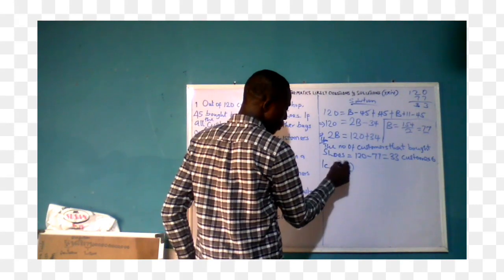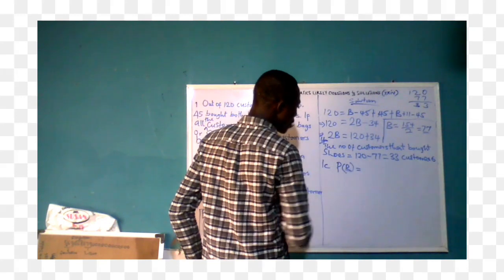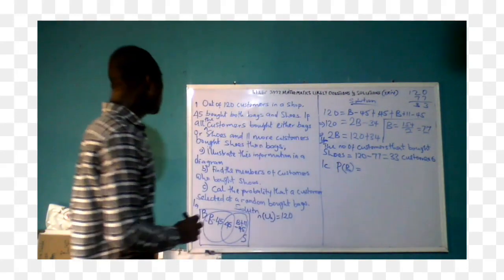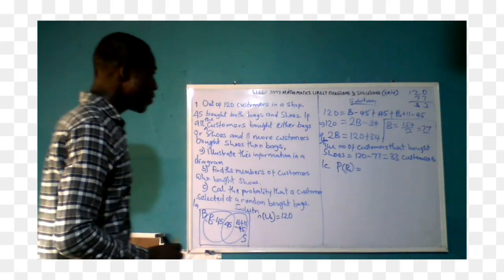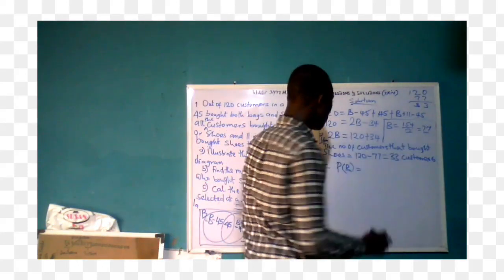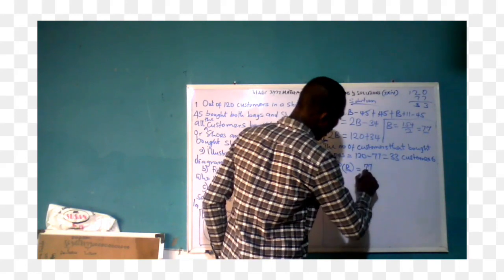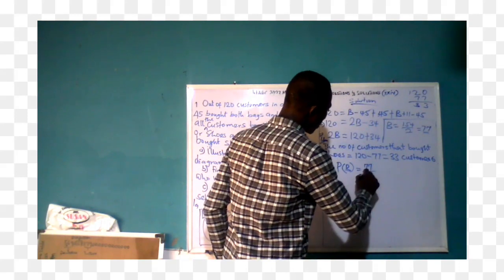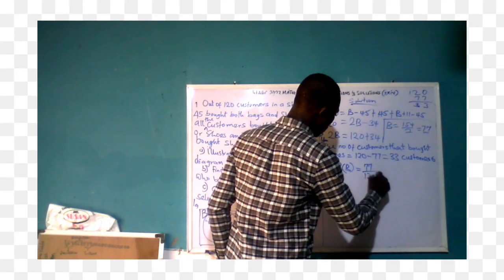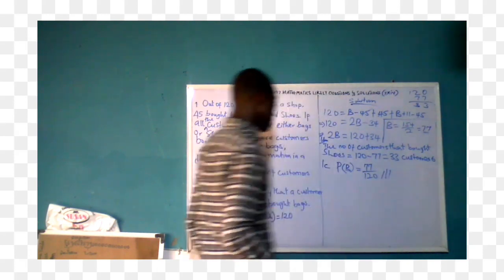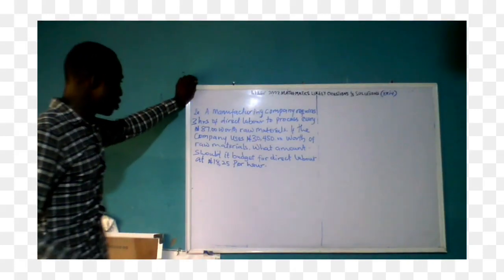So probability of B will be equal to the number of B in the universal set. How many B do we have in the universal set? From our calculation, B is equal to 77, over the number of elements in the universal set, which is 120. So that is the final answer.